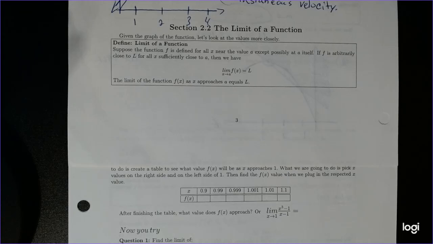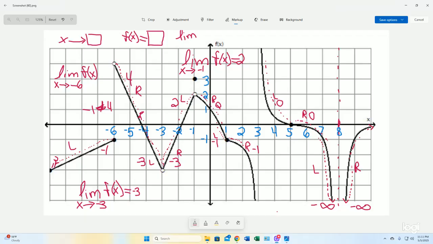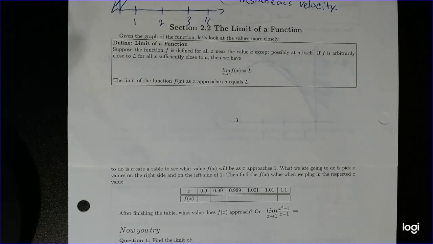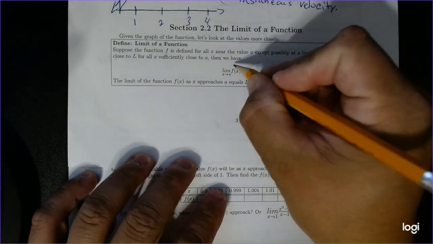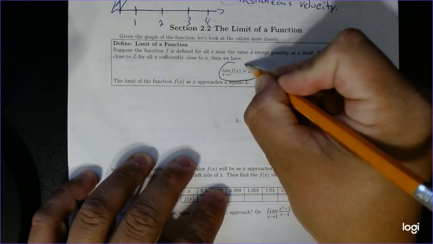Suppose that a function f is defined for all x near a value of a. So in layman's terms, right, given a graph itself, this is what's going on. There are some values that are very, very close to negative 1 in both directions. I'm just being fancy in saying that. Okay. So therefore, the definition of a limit is equal to this abbreviation like I talked about earlier.